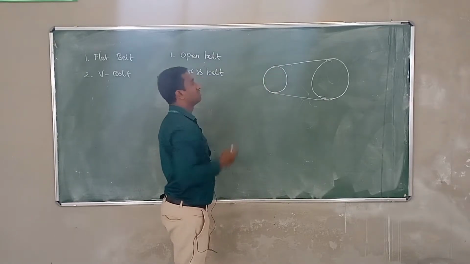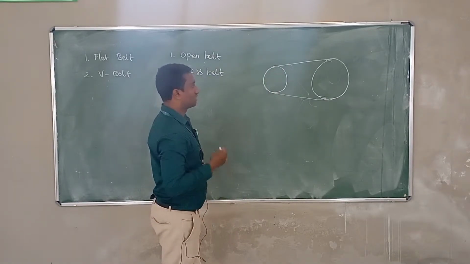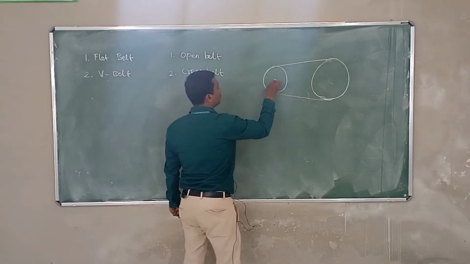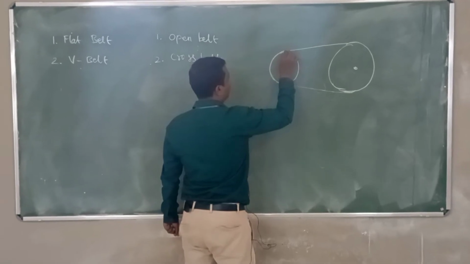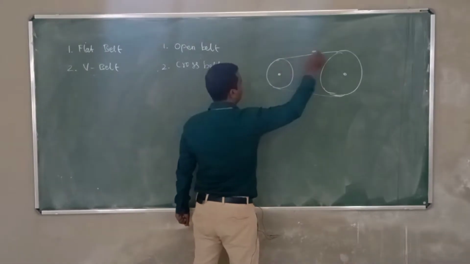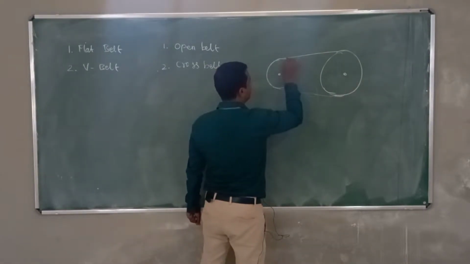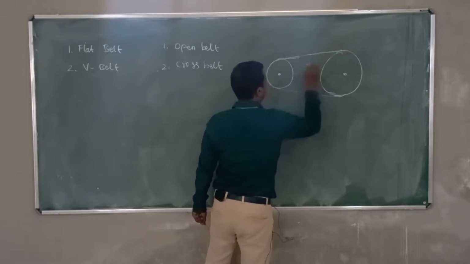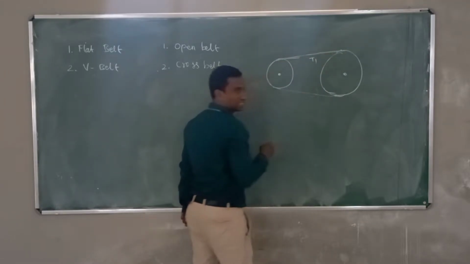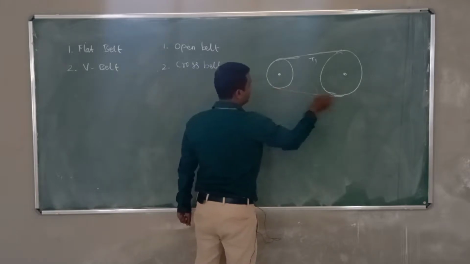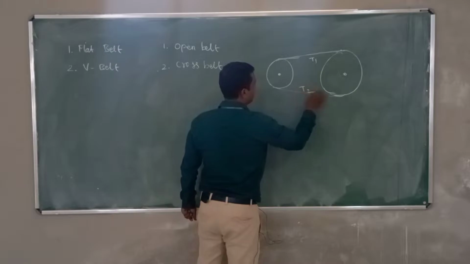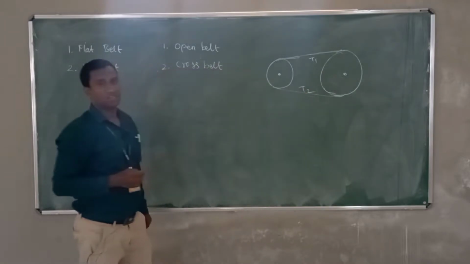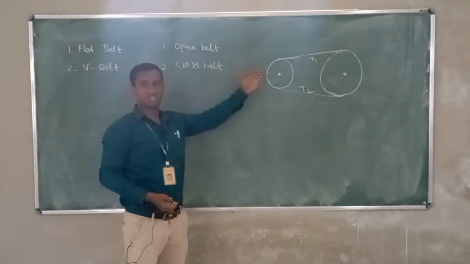Here the power or torque is transmitted from the drive to the driven. The side where the drive rotates the driven, we say, is the tight side. Let me take it as T1. And this loosened side we always say is the slack side.